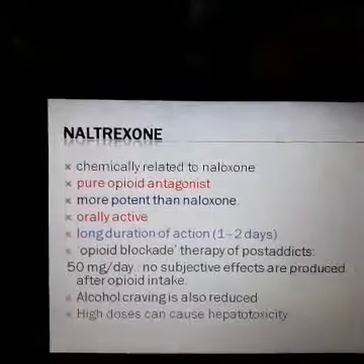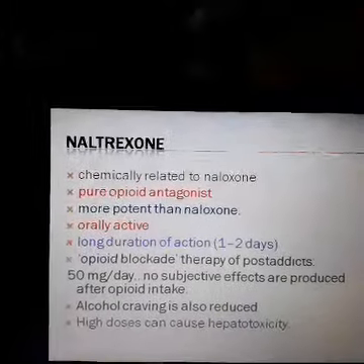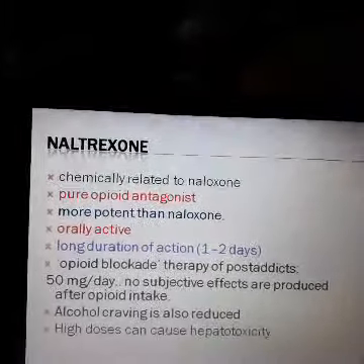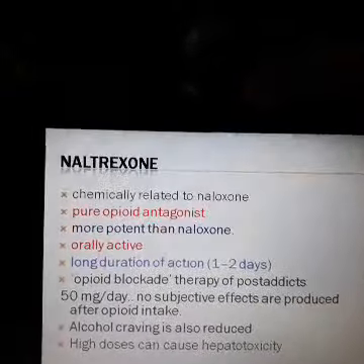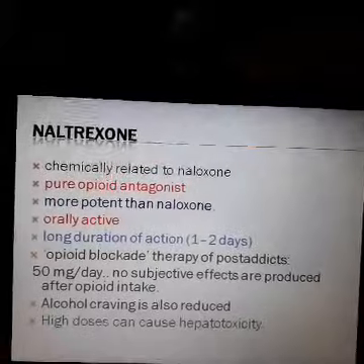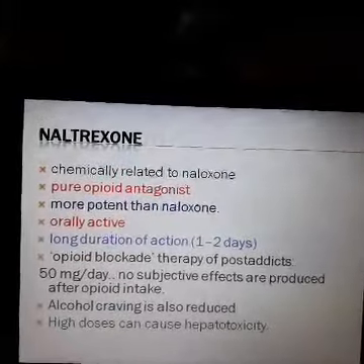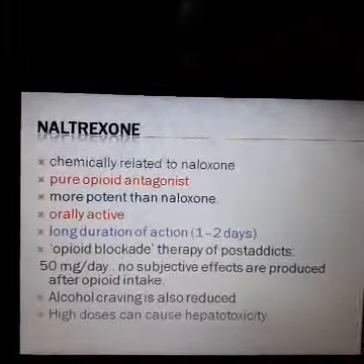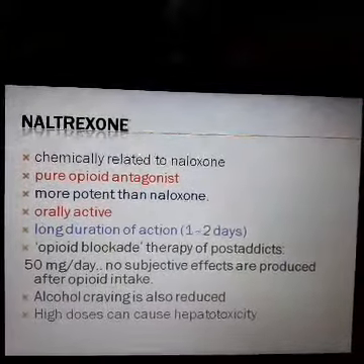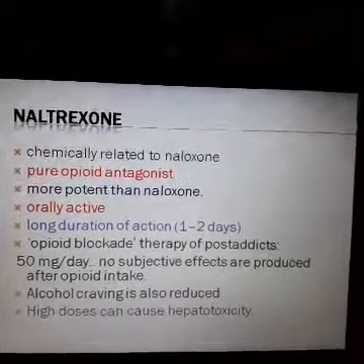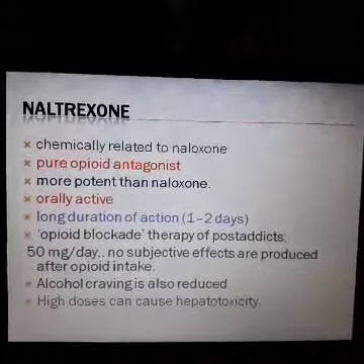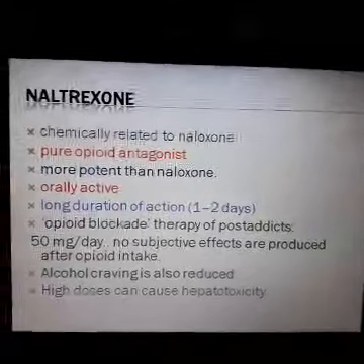And naloxone is not given in addicts, because it is very short acting and it precipitates severe withdrawal symptoms. To treat withdrawal symptoms you would have to give some other CNS depressant. So that's why it is problematic to use naloxone in addiction treatment. So naloxone is used in the treatment of poisoning, and naltrexone is used in the treatment of opioid addiction. Make it clear.